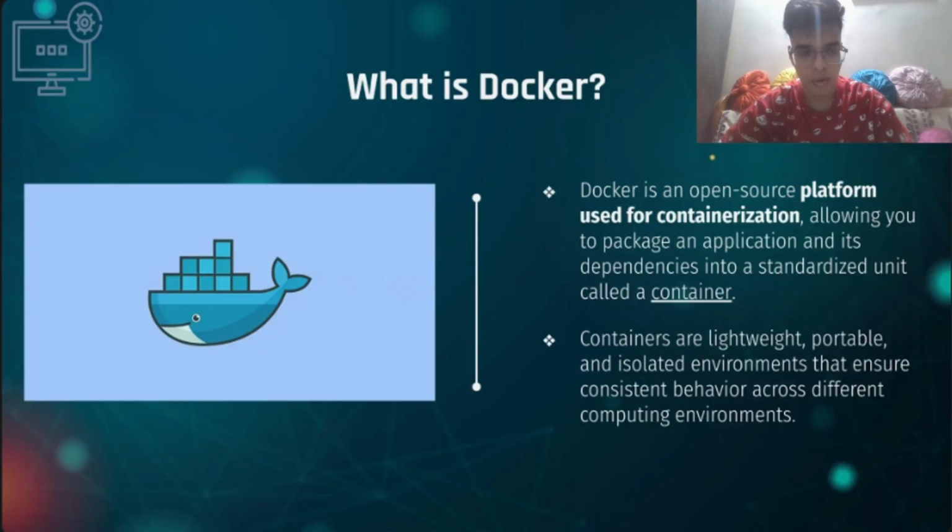So we get to a point where we learn the definition of Docker. Docker is a free and open source platform used for containerization. We have learned from the earlier example what is meant by containerization. These containers are very portable and lightweight and are isolated environments. Therefore, it is a complete package of the software.